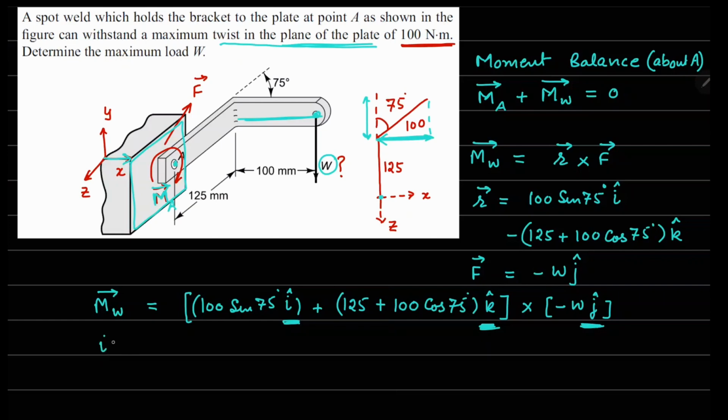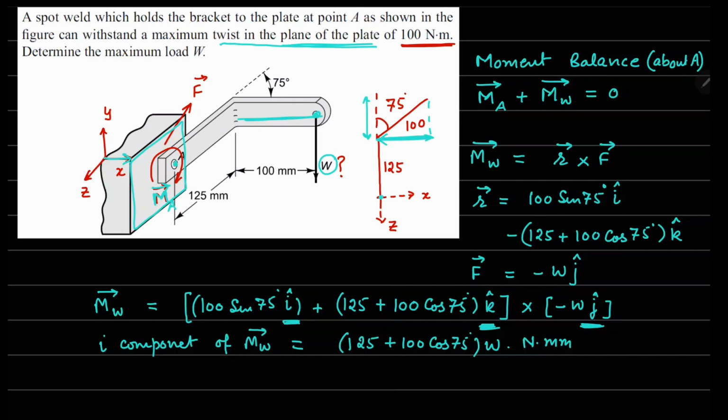So the i component of MW is going to be 125 plus 100 cos 75 degrees times W, and this is going to be in Newton millimeters, okay, because lengths are in millimeters and force is in newtons.